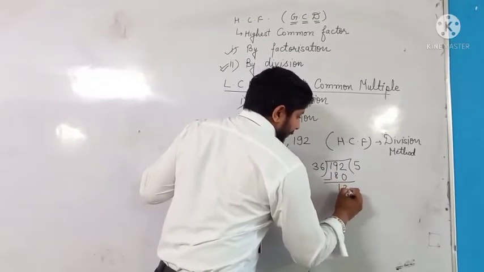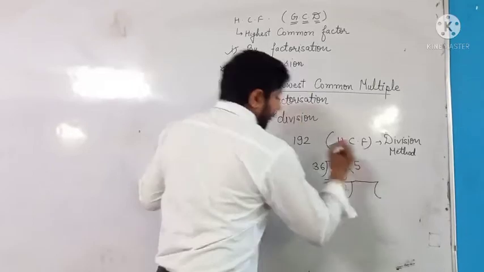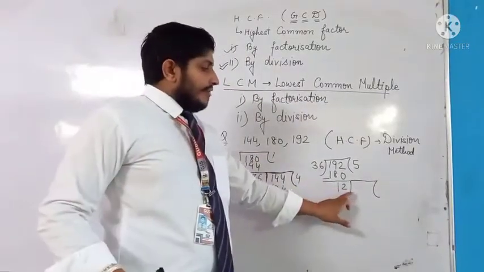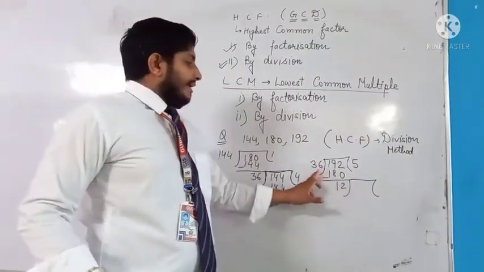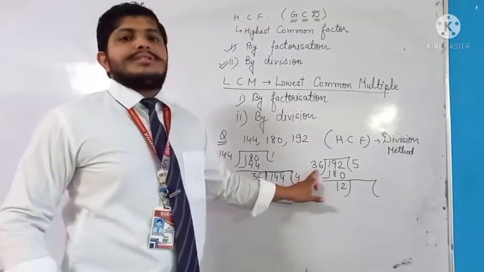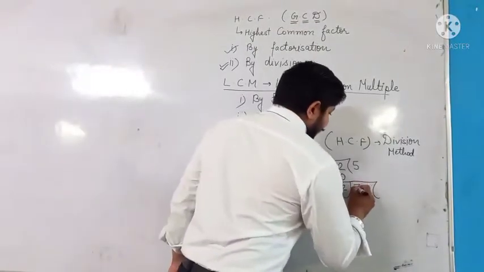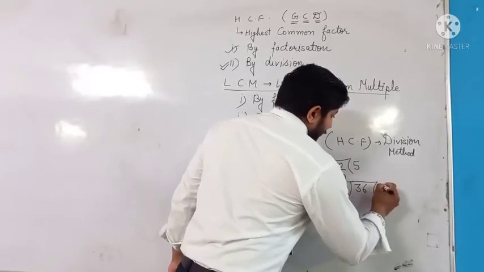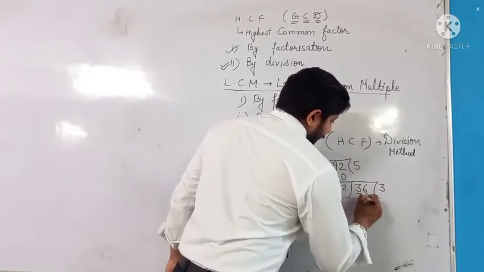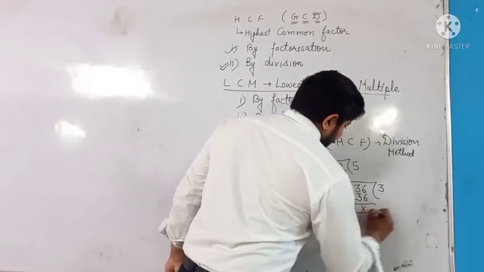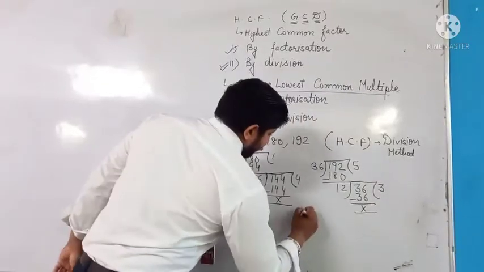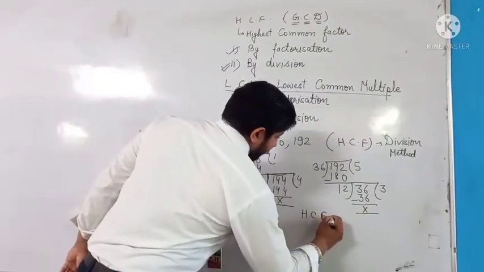Subtract. How much is left? 12. Then here after 12 we write the symbol of divide, and the previous divisor is now your dividend. 12 3 times is 36. So what is your HCF? It comes from here: 12.